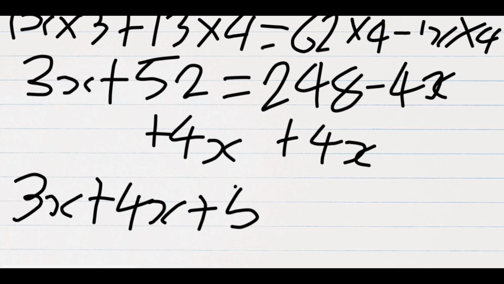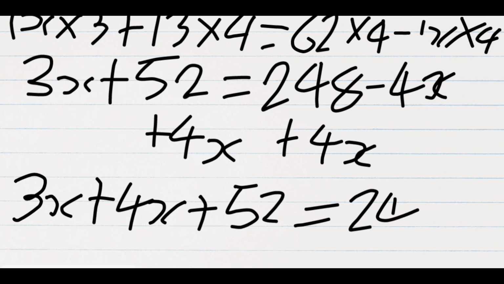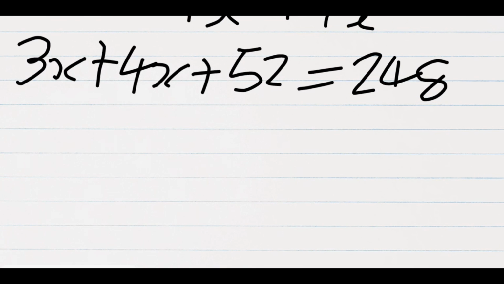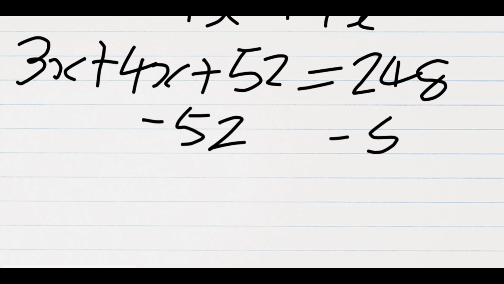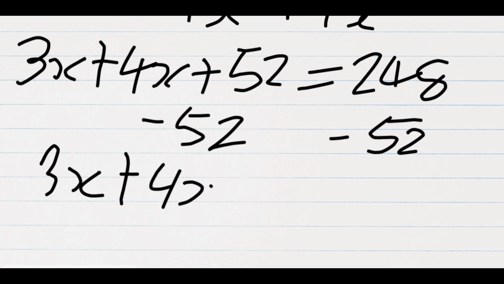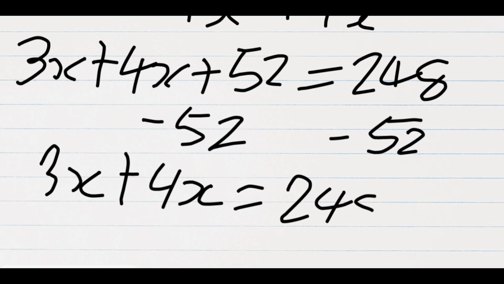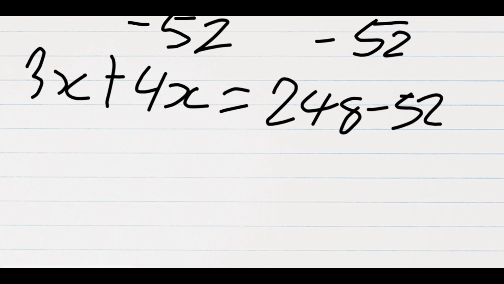And now subtract 52 from both sides. 3x plus 4x is equal to 248 minus 52. 3x plus 4x is 7x, and 248 minus 52 is 196. So this is equal to 196.